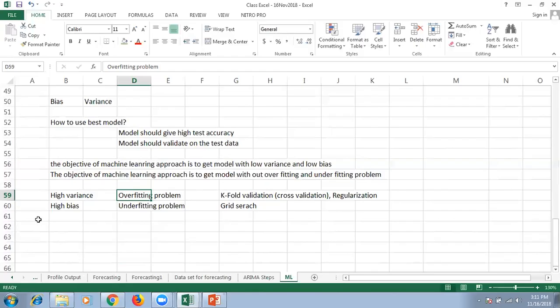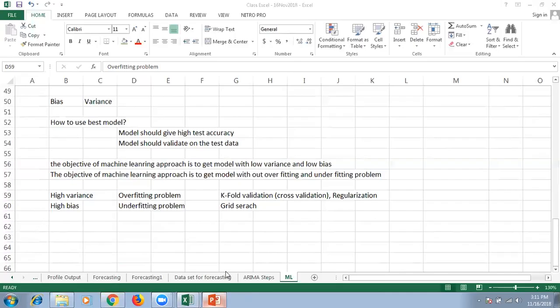It is passing through every point, which means it's high variance. If the data has a non-linear relationship, and you come up with a non-linear model which passes through the maximum number of points, that may lead to an overfitting problem because it has a high variance. That's what I was referring to.